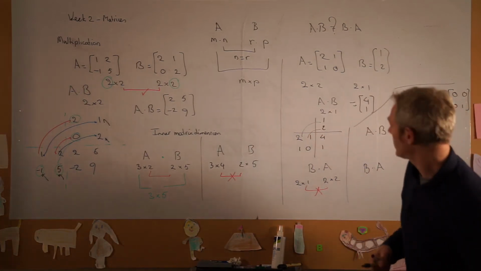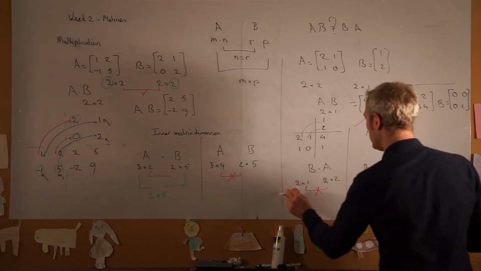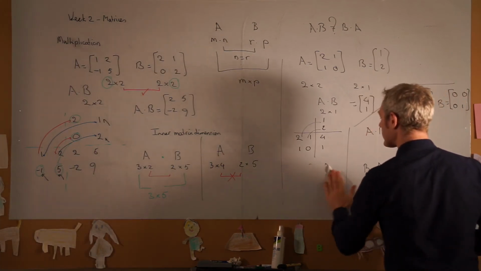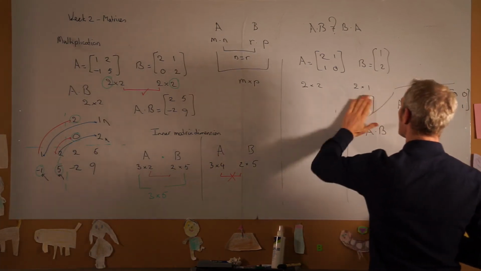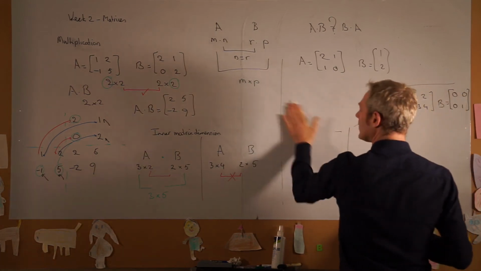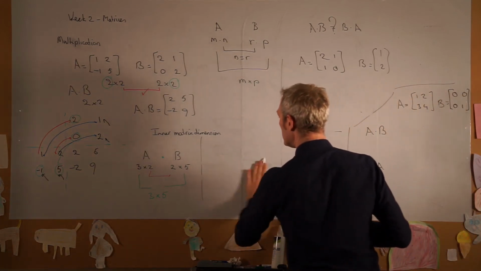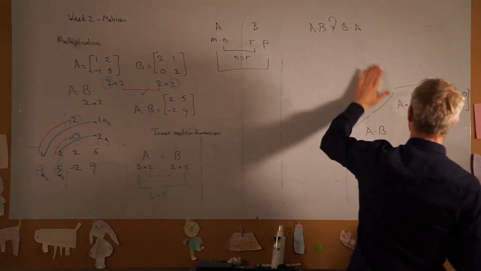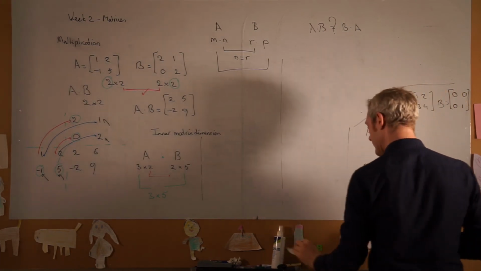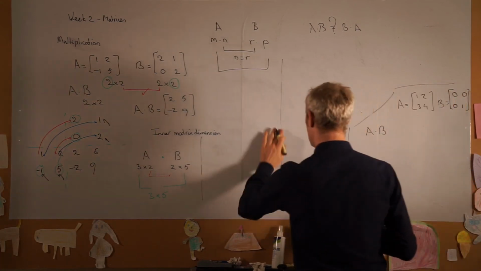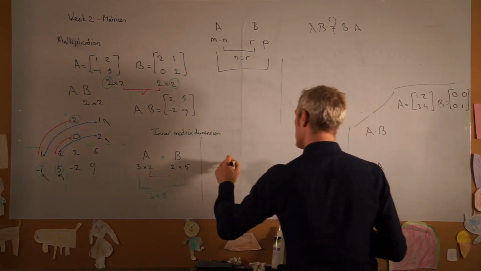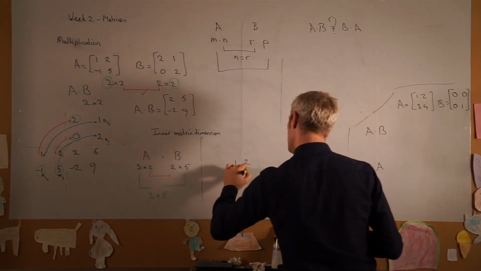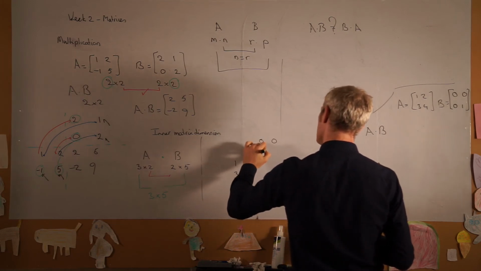and I'll just do that, but I'll need a bit of space. All right. So I have 1, 2, 3, 4, and 0, 0, 0, 1.